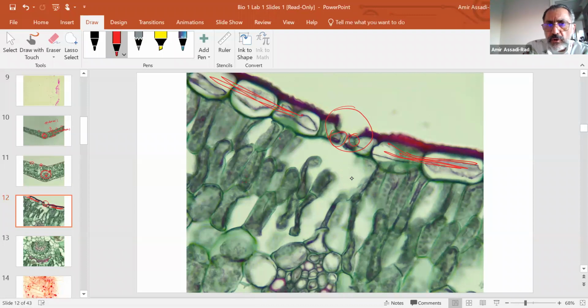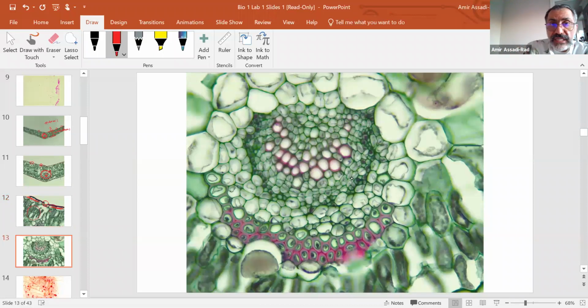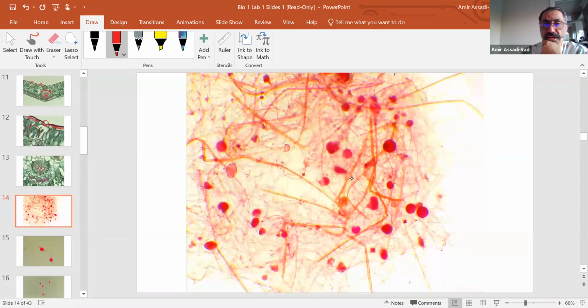Those little dots are chloroplast. And then of course, this is the endodermis right here. Xylem and phloem. Make sure you look up how to spell those words in your lab manual, in your handout.